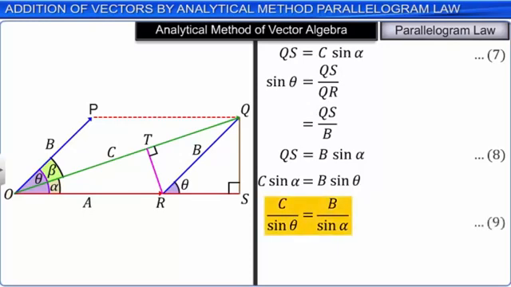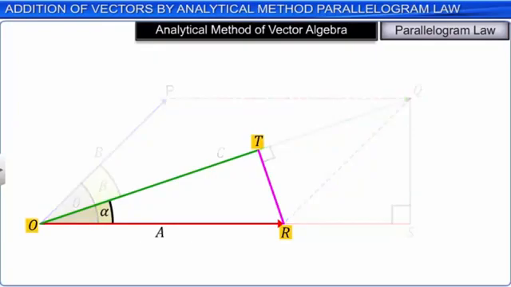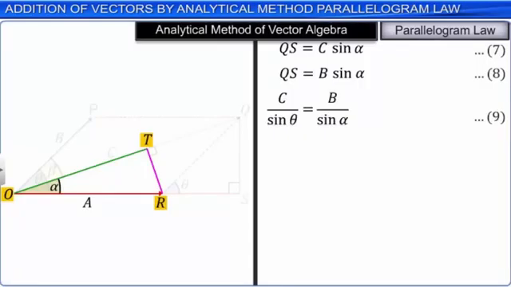Now, consider the next triangle ORT. From triangle ORT, we can write sin alpha is equal to TR by OR is equal to TR by A. TR is equal to A sin alpha. Let this be equation 10.